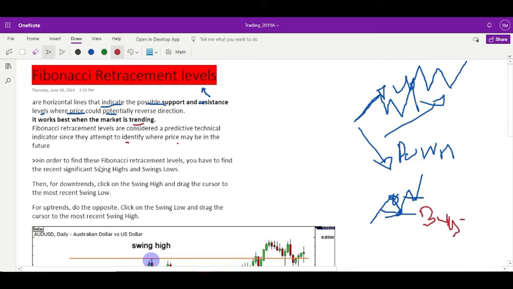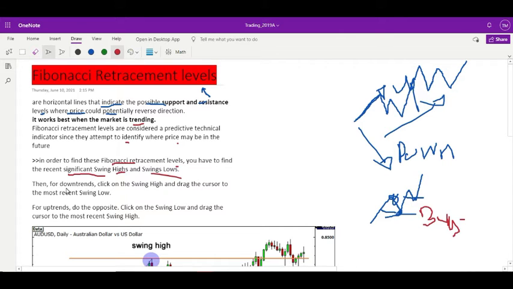In order to find these Fibonacci retracement levels, you have to find a recent significant swing high or swing low. Significance is very important. As I mentioned in this course, I will explain what you really need to grasp. So it's very important that you identify what are called recent swing highs or swing lows.